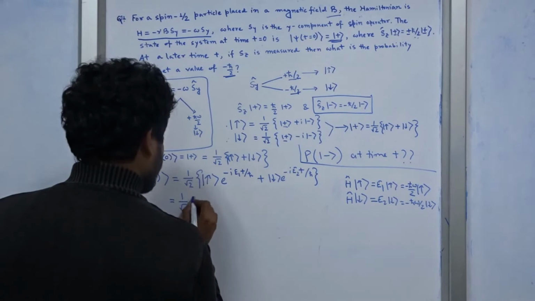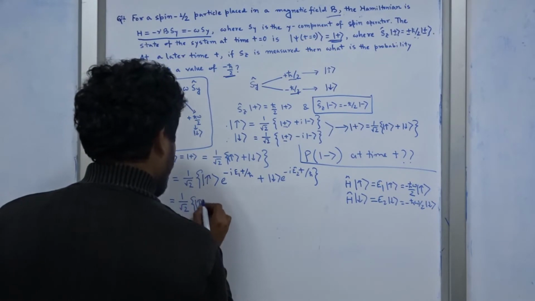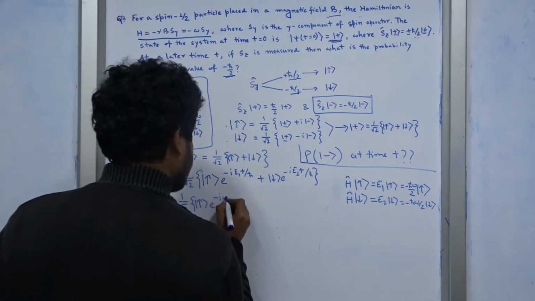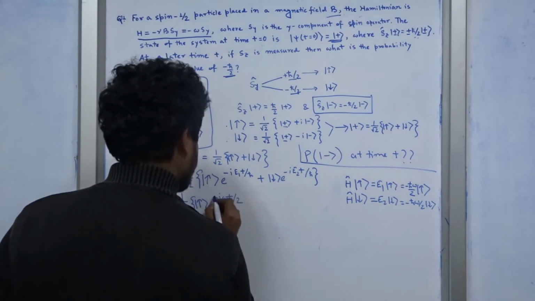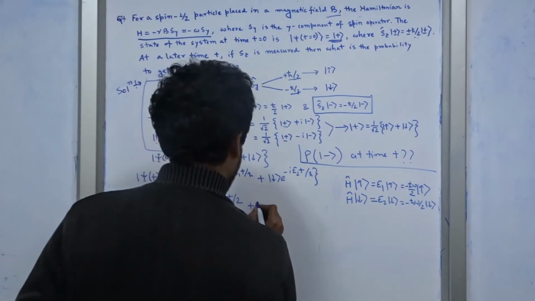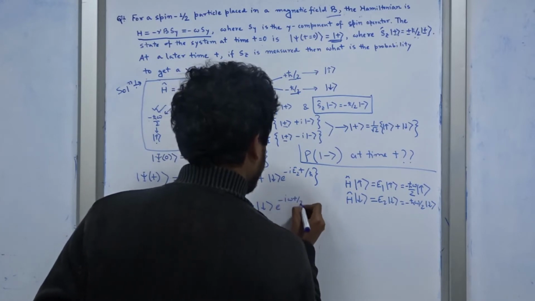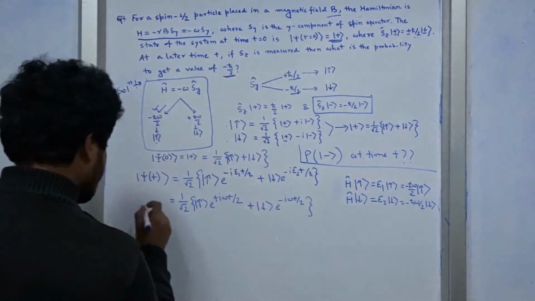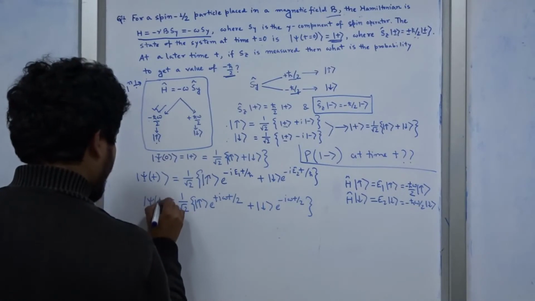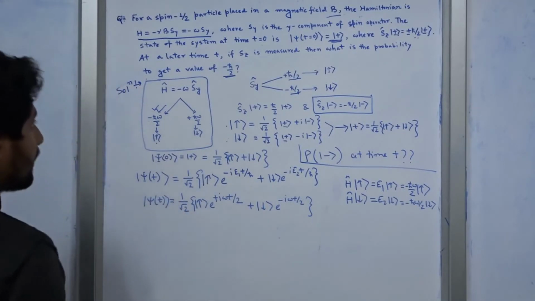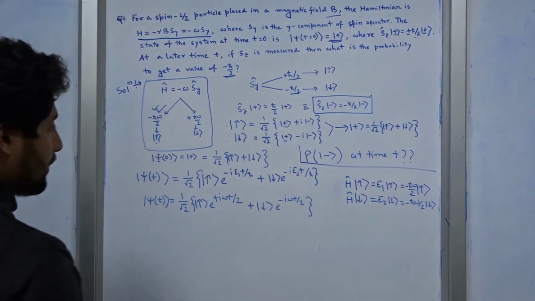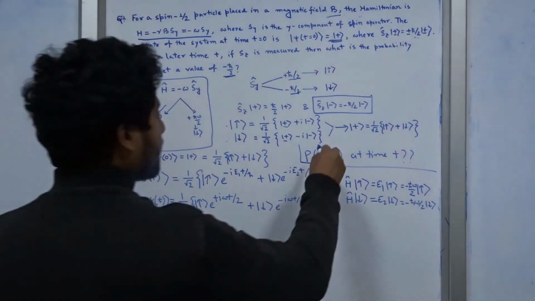If I write it out, a plus will come and here a minus. So this is my state at time t. Now what is the probability of getting minus?